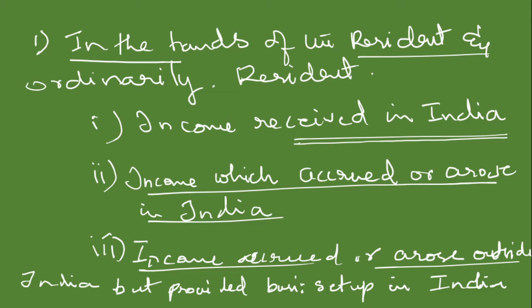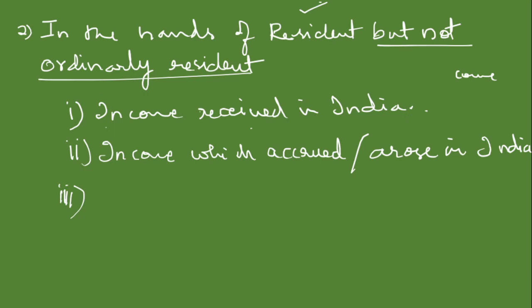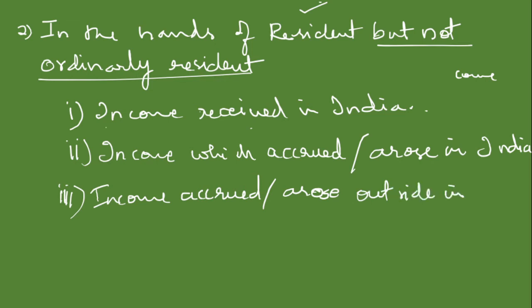But here the third point is the same: income accrued or arose outside India.